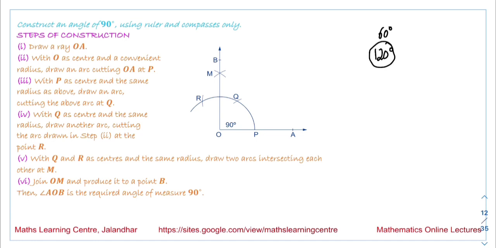For that construction, we draw a line, you can say a ray, over here. This is OA. Then on this OA, we draw this arc PQR. How have we drawn this arc? We have opened the compass, kept the tip of the compass at the point O, and drawn this arc PQR.